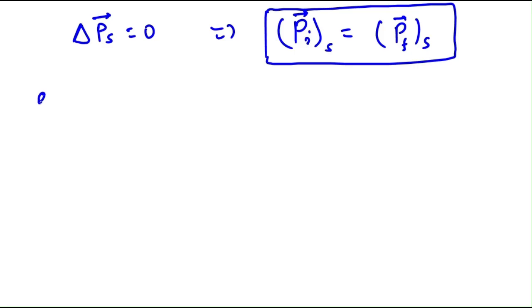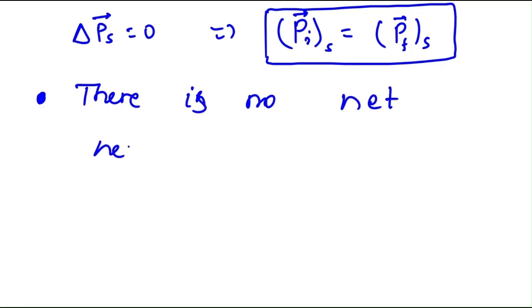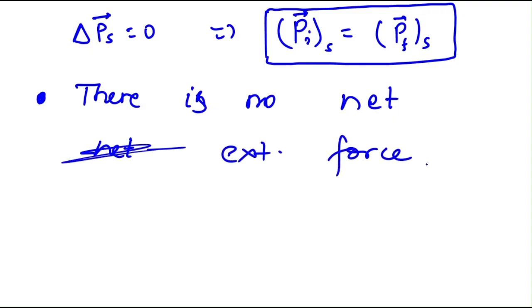And one thing I would like to mention here, there is a condition for this to happen: there is no net external force on the system. Now you can get it. So this is the law of conservation of linear momentum. If there is no net external force acting on a system, the linear momentum of the system will remain conserved. And this is what is happening in this case of collision.